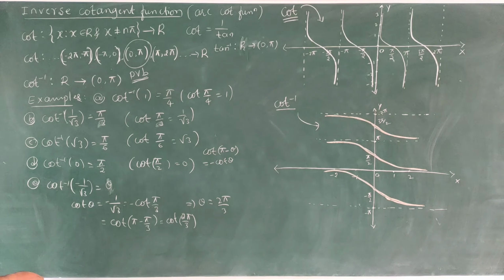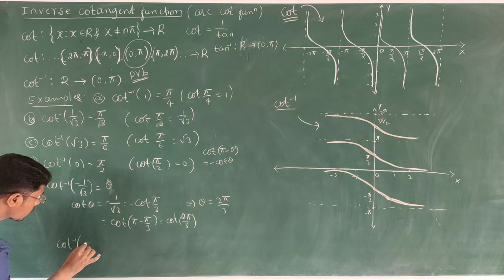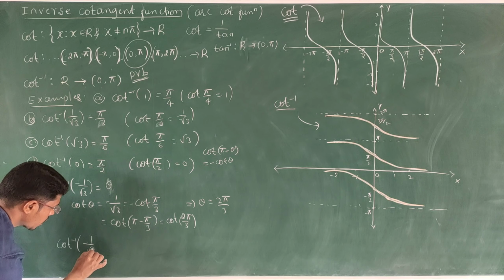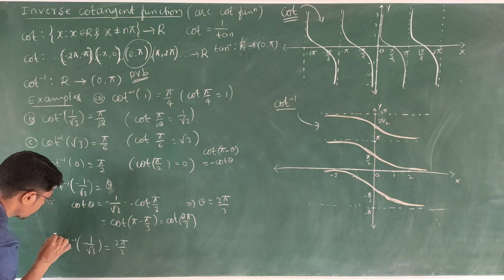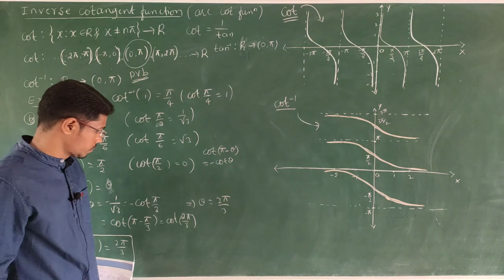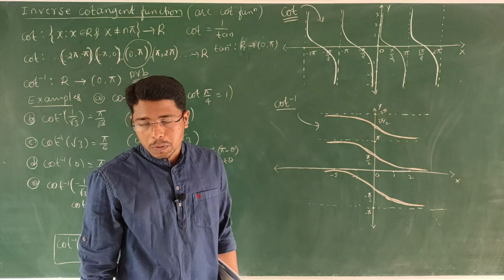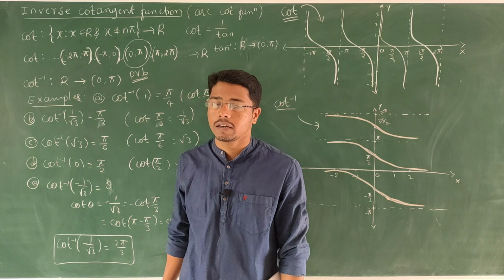Therefore, cot inverse of minus 1 divided by root 3 is equal to 2 pi divided by 3. Dear students, we have to solve negative values in this way by considering theta.